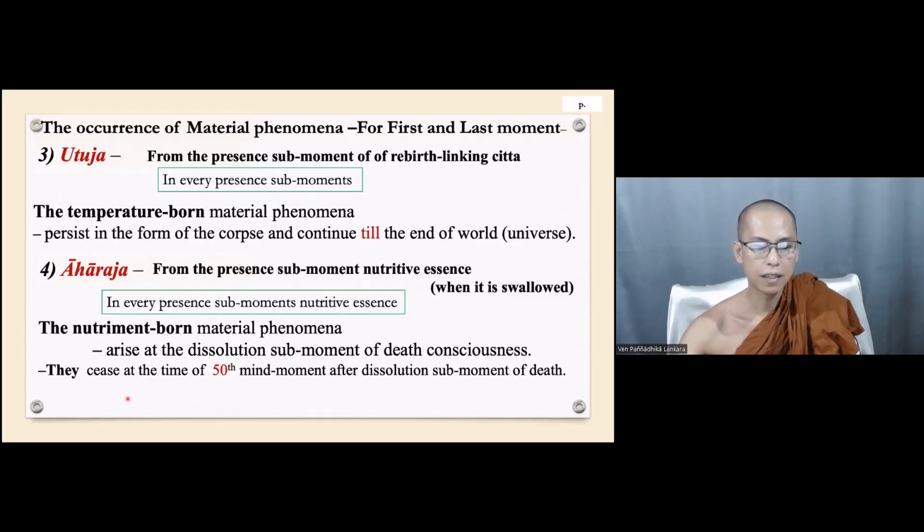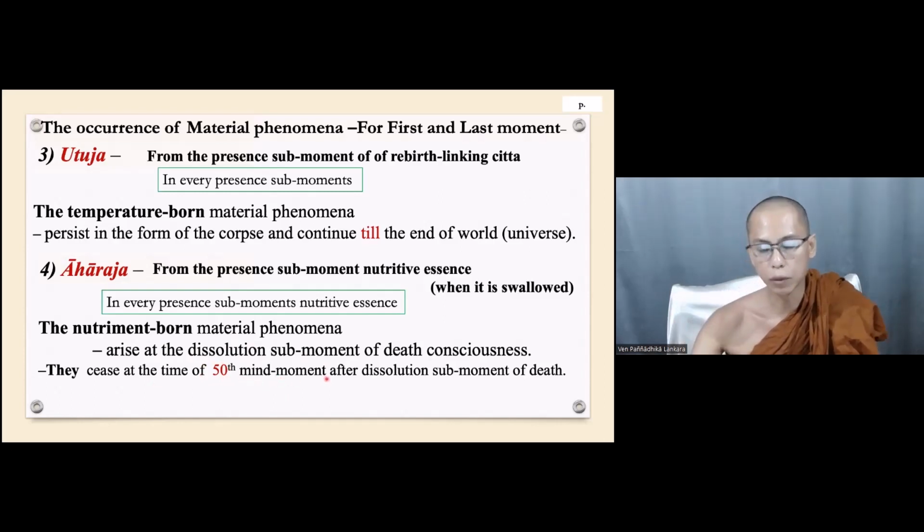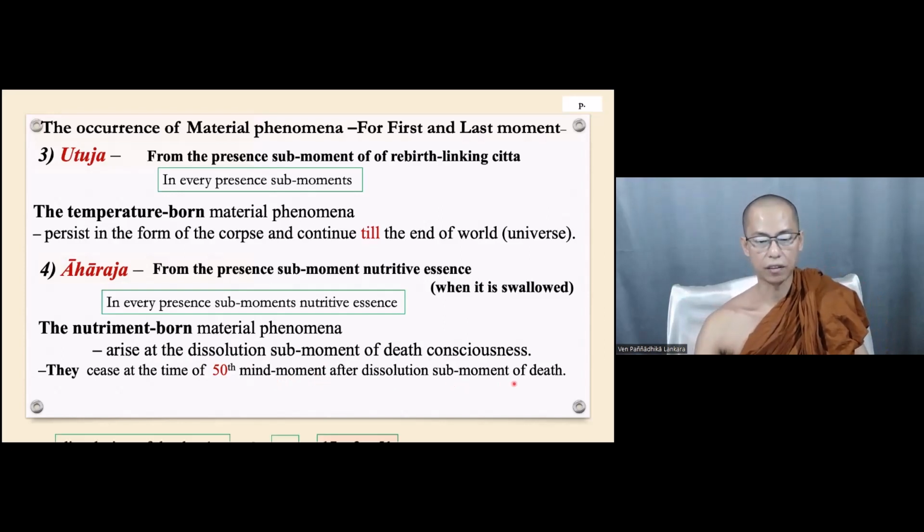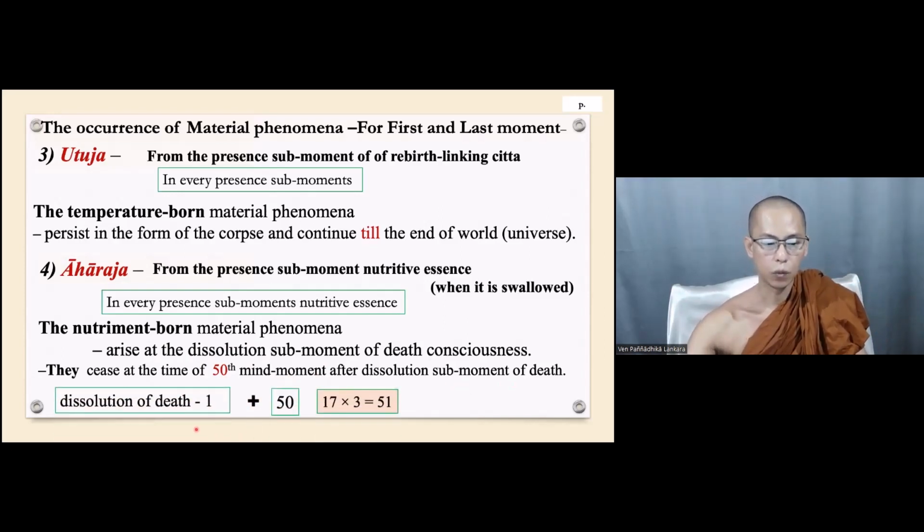So they cease at the 15th sub-moment here; the 15 mind moments refer to the sub-moments after the dissolution sub-moment of death. When it is produced at the dissolution sub-moment of death, that is 1, and it continues to the 50th sub-moment, because there is no consciousness continuing in that being now.